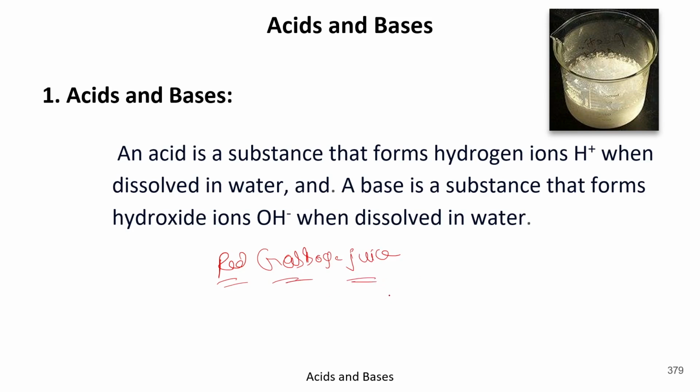Red cabbage juice. For red cabbage juice, in case of acid or in case of base, what is the criteria? Basically the original red cabbage juice is in purple color. Got it?